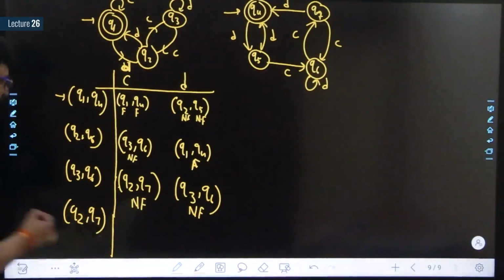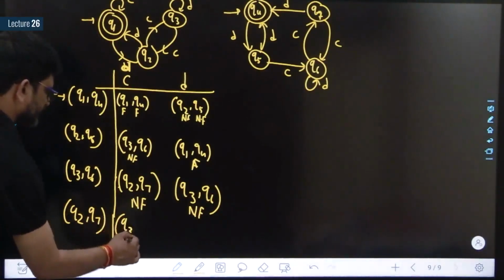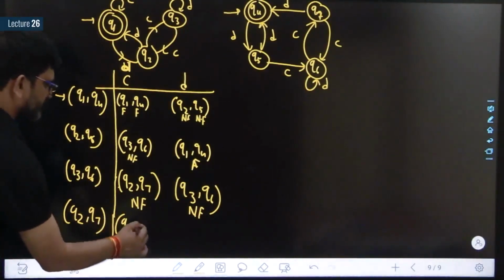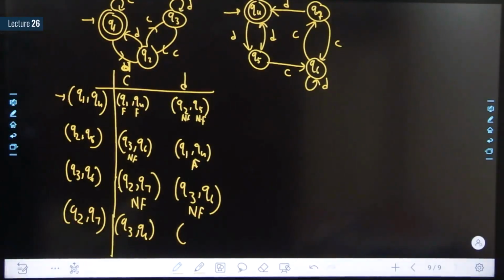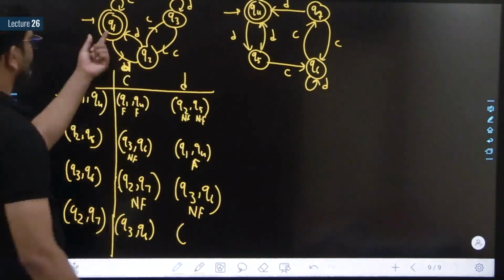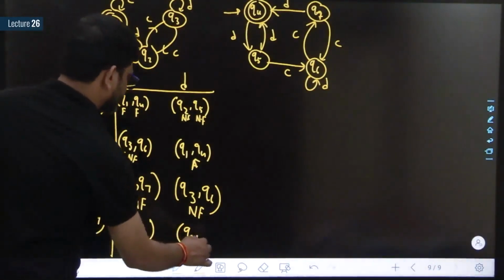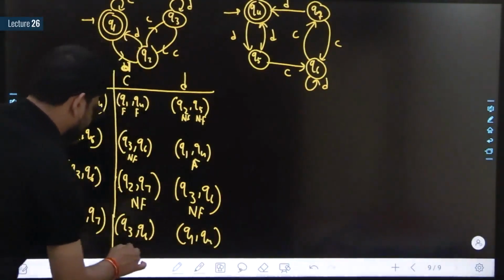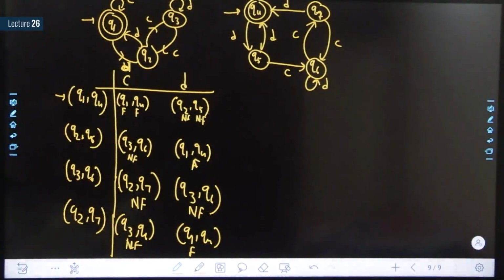Q2, Q7. Q2 on C, Q3; Q7 on C, Q6. Q2 on D, Q1; Q7 on D, Q4. This pair is non-final, this pair is final. Is there any new pair?